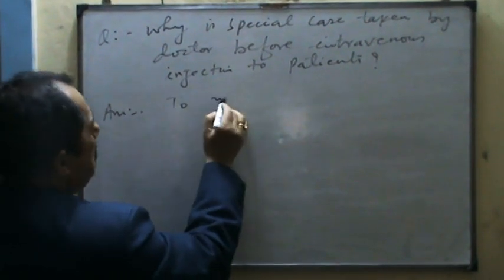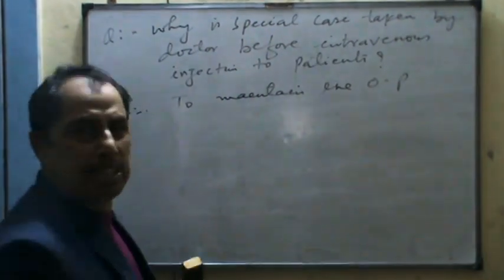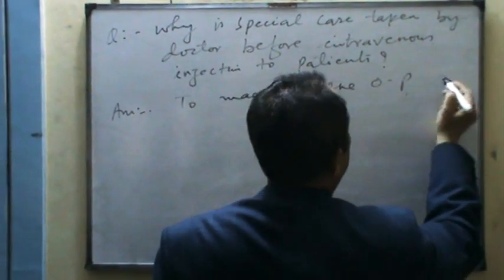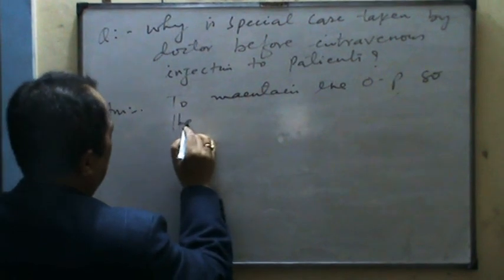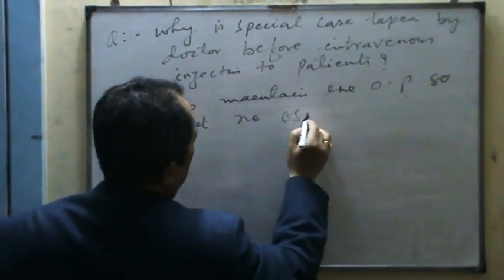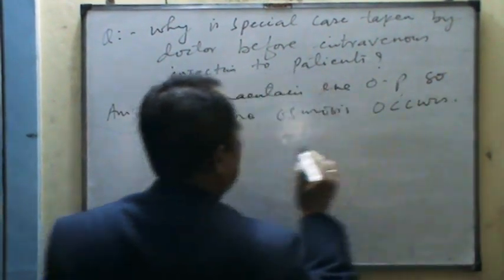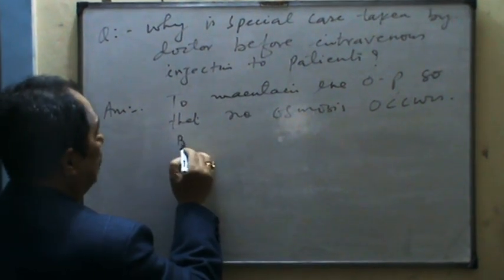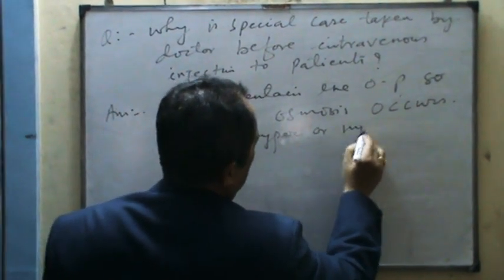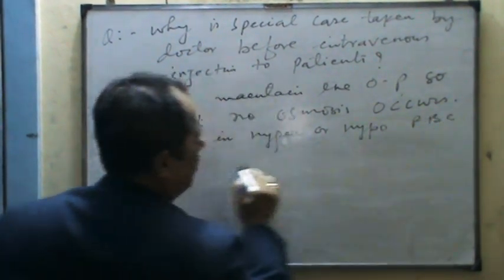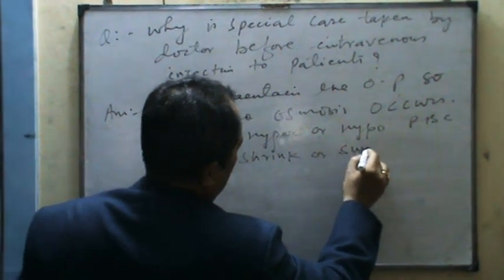Therefore, to maintain the osmotic pressure so that no osmosis occurs, because in hyper or hypo, RBC may shrink or swell.